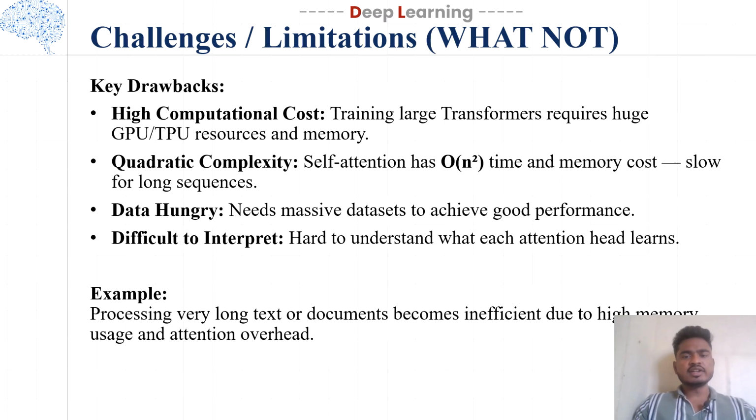Data hungry: it needs massive datasets to achieve good performance. Difficult to interpret: hard to understand what each attention head learns. For example, processing very long text or documents becomes inefficient due to high memory use and attention overhead.